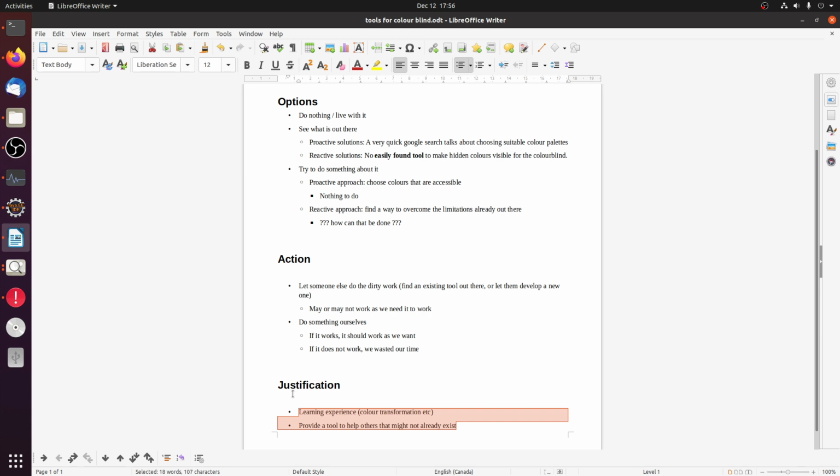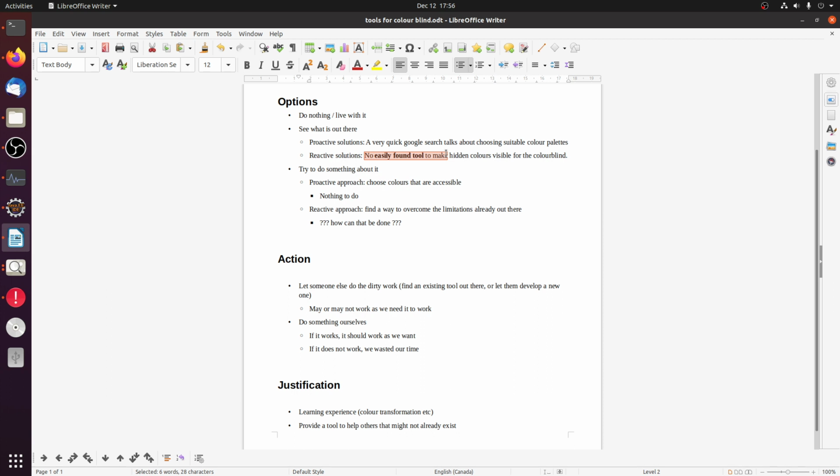Because I can't easily find a tool out there already to help people who are colorblind, I think that if I could pull it off, I might actually be able to provide something that could help them out.